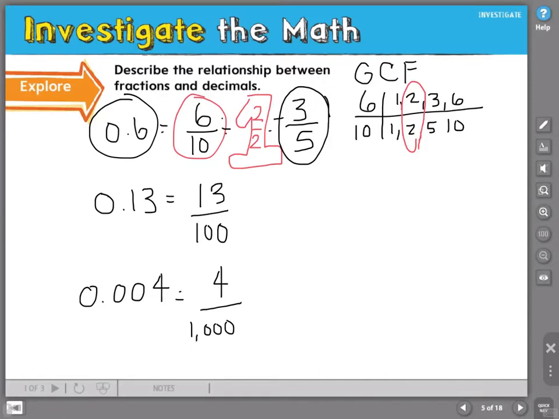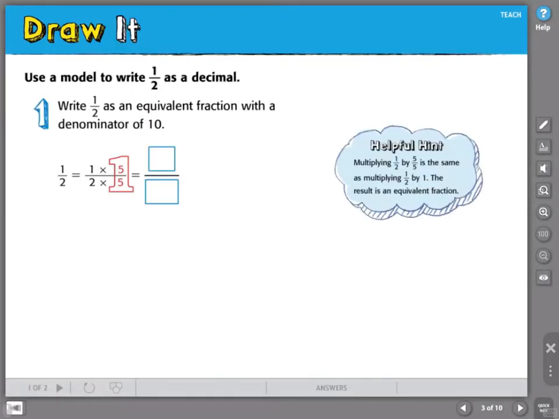But how can we take fractions and turn them into decimals? Let's see. Here they ask us to use a model to write 1/2 as a decimal. To write 1/2 as a decimal, we are going to first start by making an equivalent fraction with a denominator of 10.